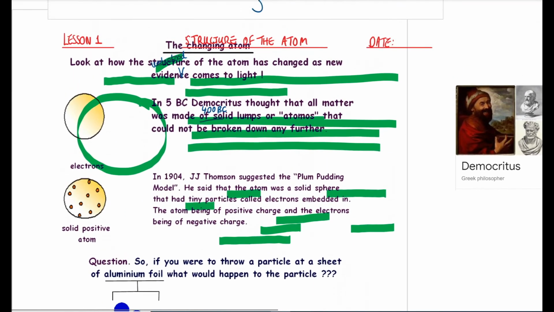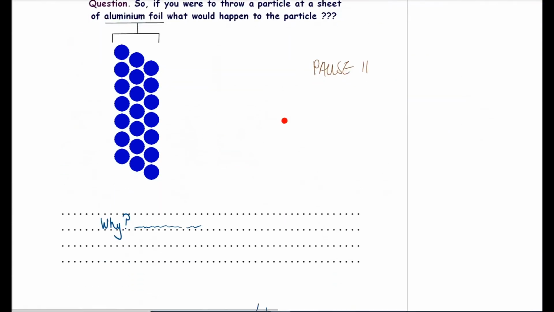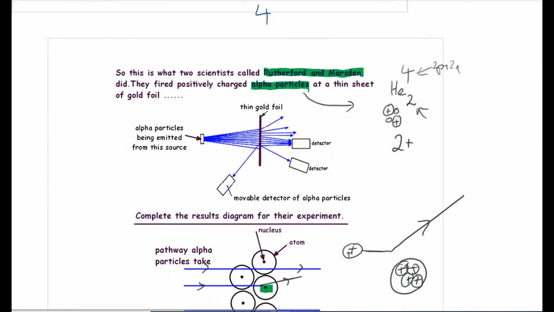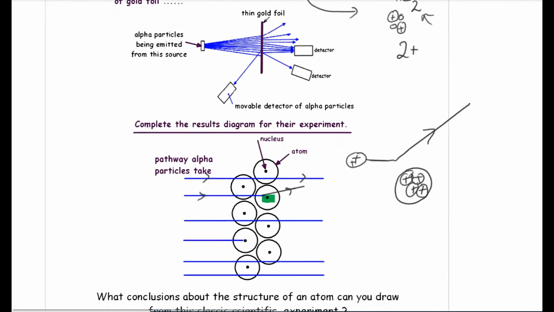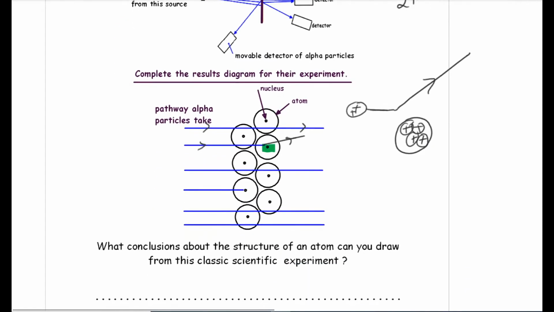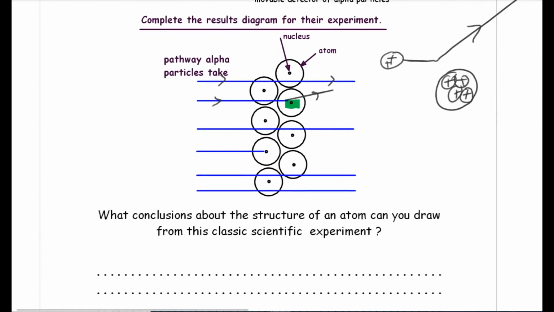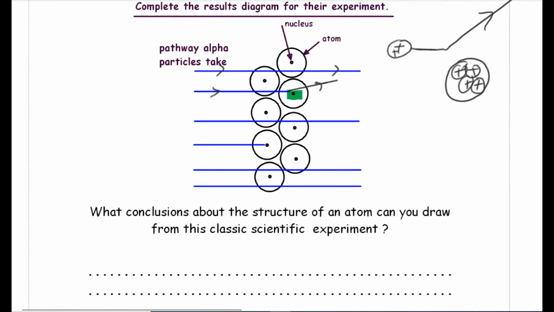Now you don't need to remember all of this for the exam in year 11. You don't need to remember the experiment. You don't need to remember the chronology of the discovery of structure of the atom. But the reason we're learning about this first is that you understand how we know about the structure of the atom and the nucleus and so on.